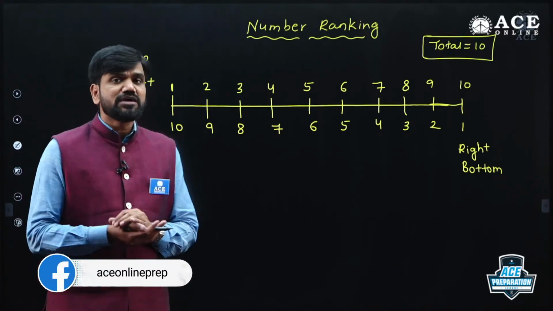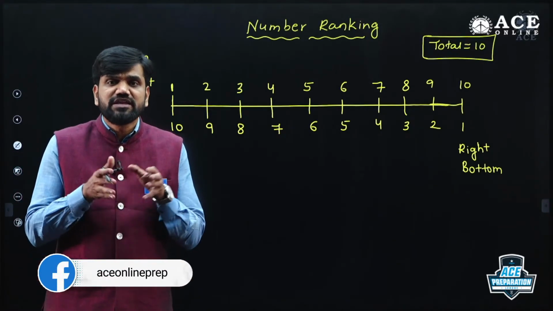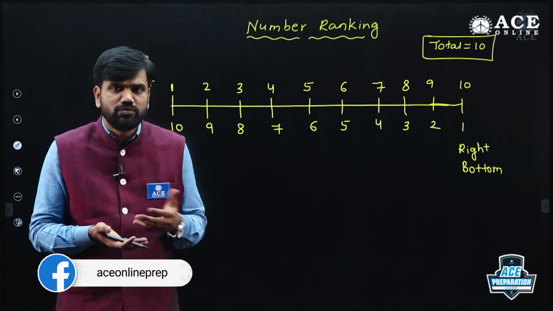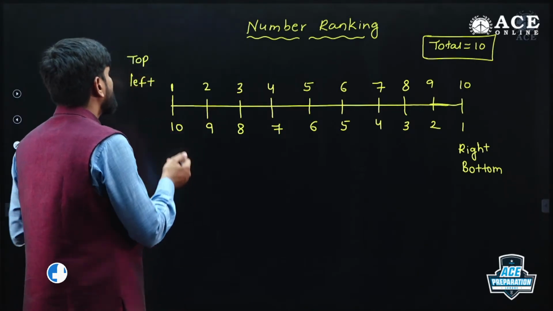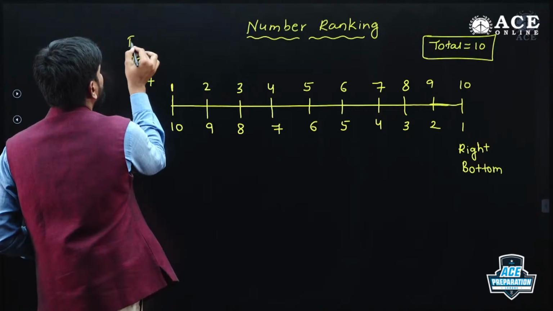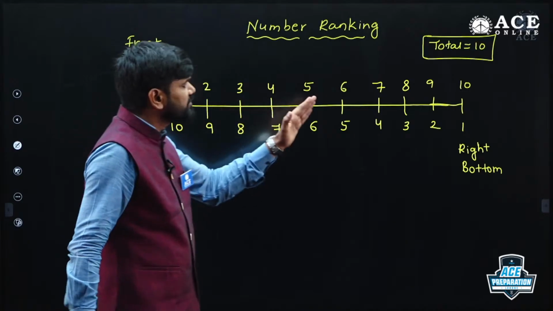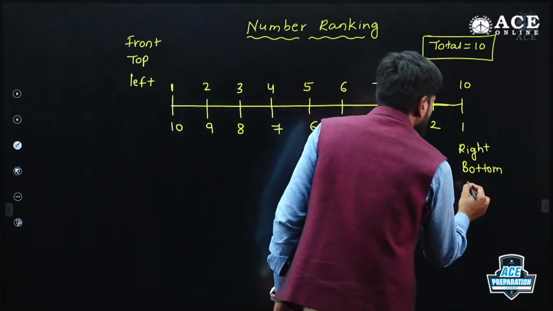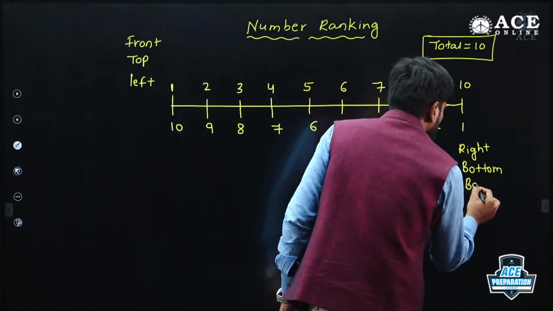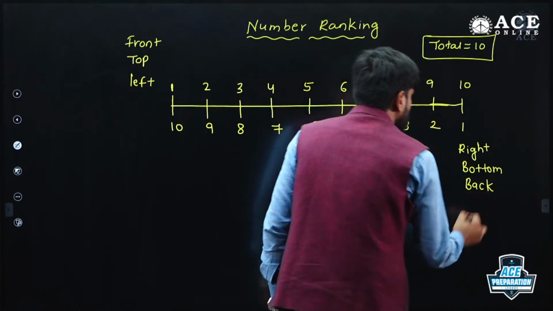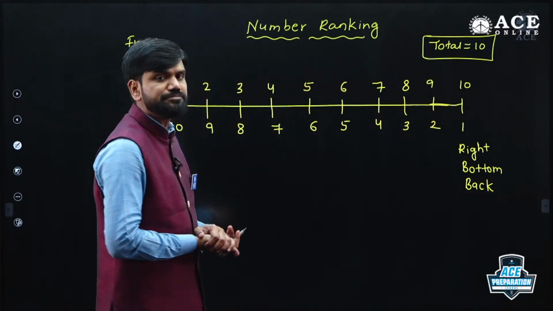Similarly, you may come across the positions of the candidates standing in a particular row or queue. If people are standing in a queue, the position of the candidate from front I will be representing at the top, and the position of the candidate from the back I will be representing at the bottom. So this is how I will represent the data.